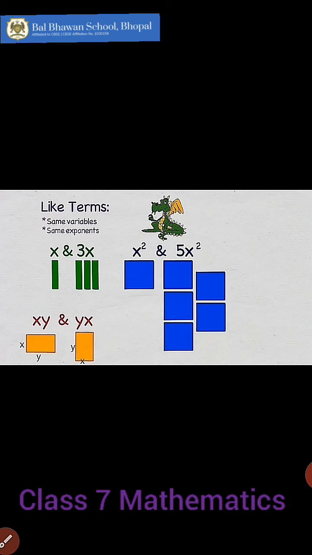Are they like terms? Yes, these are also like terms, children, because xy can also be written as yx, as we know that multiplication is commutative for any number. So xy and yx will give you the same answer.